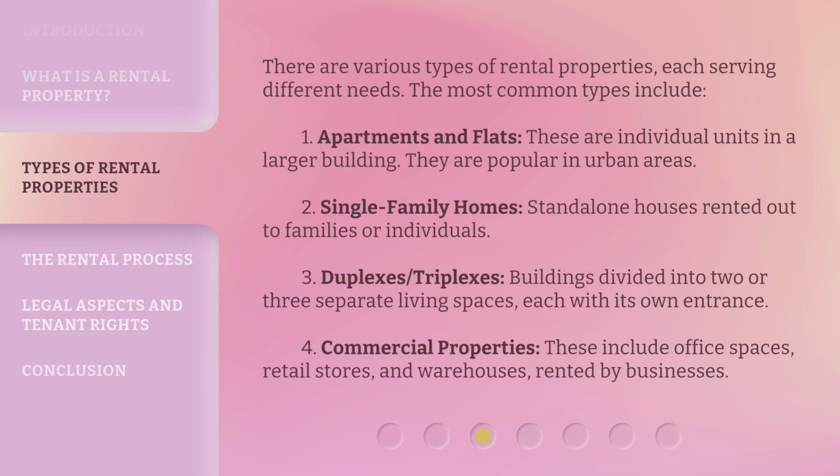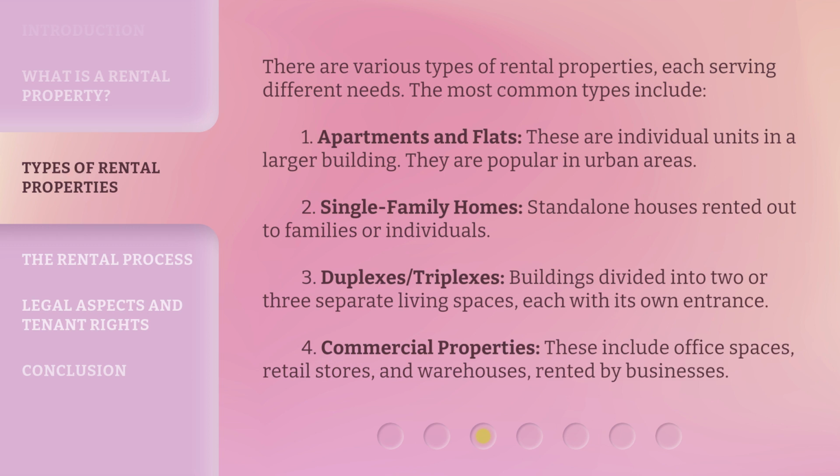There are various types of rental properties, each serving different needs. The most common types include: 1. Apartments and flats. These are individual units in a larger building. They are popular in urban areas. 2. Single-family homes. Standalone houses rented out to families or individuals. 3.